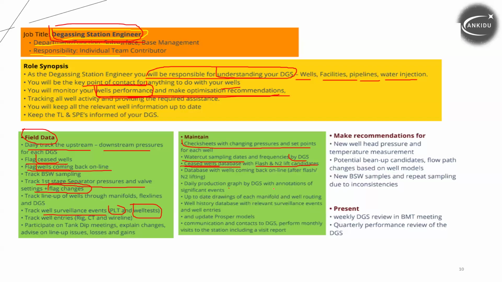Daily production graphs. So I need to do the graphs and run my calculations according to these drawings. Up-to-date drawings should be in my hands, because otherwise I can miss some new perforation in my well. So I don't know where it's perforated.